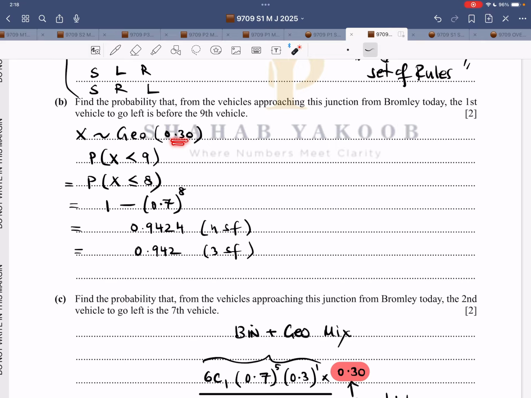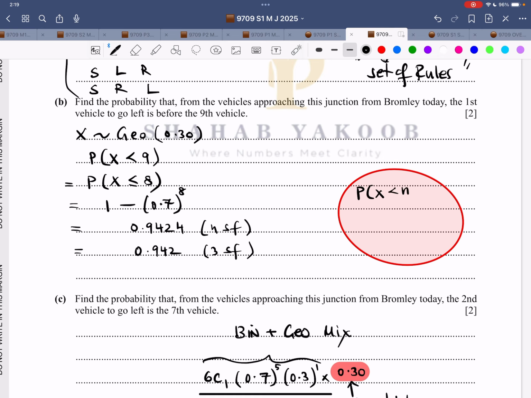Probability of success is 0.3 because that is for the left. Probability x less than 9. It could be 8, 7, 6, 5, 4, 3, 2, 1. So the shortcut is this one, which you have studied in class. So let me write it over here. Probability x is lesser than or equal to n.